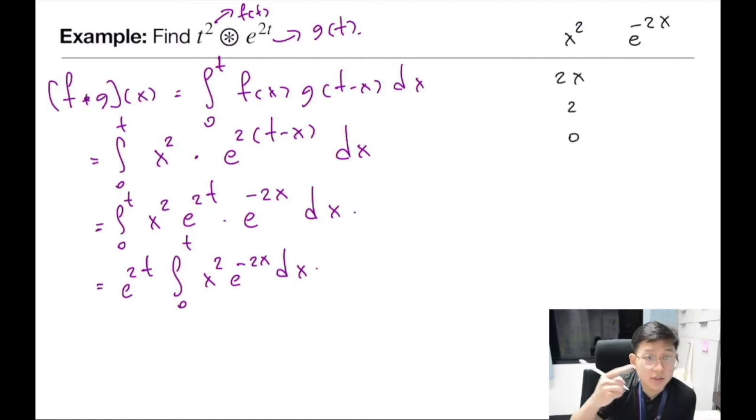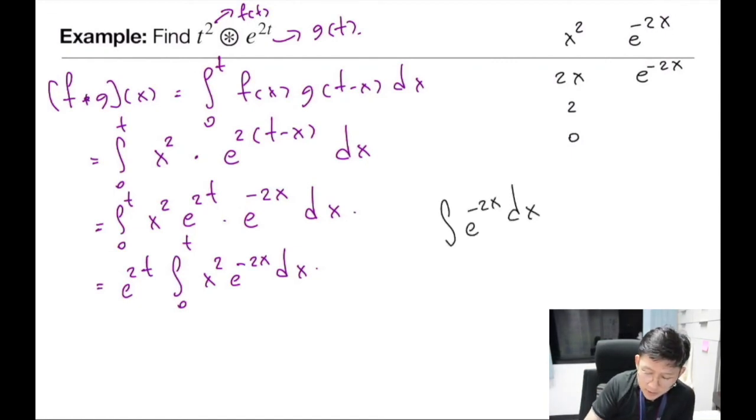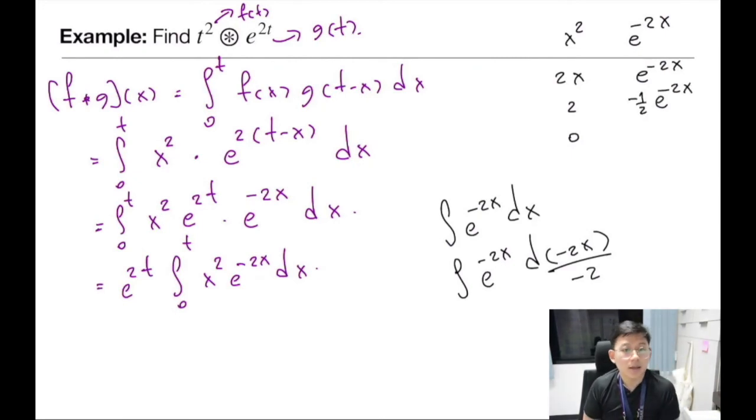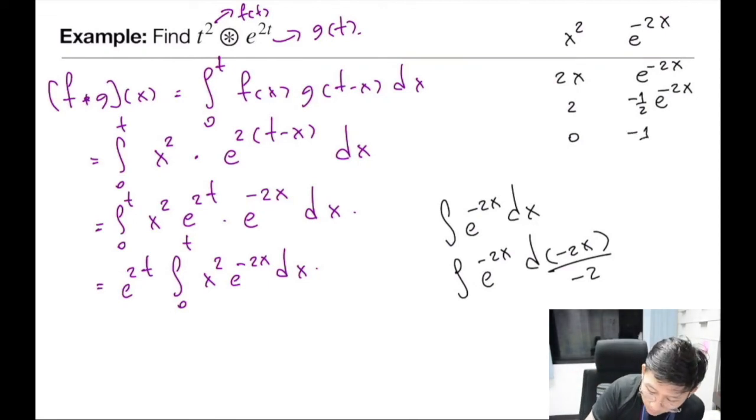So integrate e to the minus 2x dx. You need e to the minus 2x d(minus 2x), and you get minus 2 here. So you get minus 1/2 e to the minus 2x, all right? And then you integrate it again, you get 1/4 e to the minus 2x.